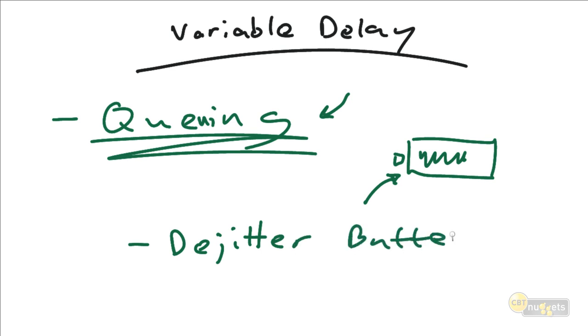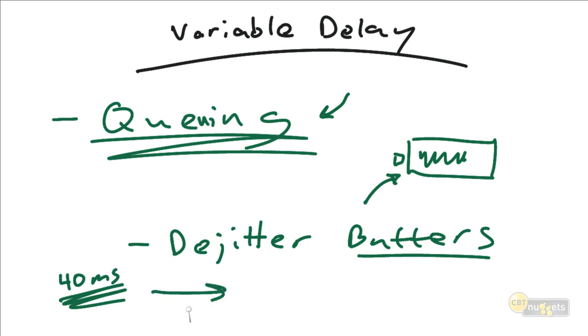The idea was, why not make this unpredictable variable delay, which is such a problem, more predictable? In other words, if we see a 40 millisecond variance in delays, why not just delay things in a buffer by that amount, and now we take the unpredictable nature of the delay and make it predictable once again?